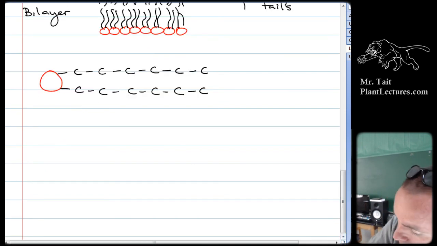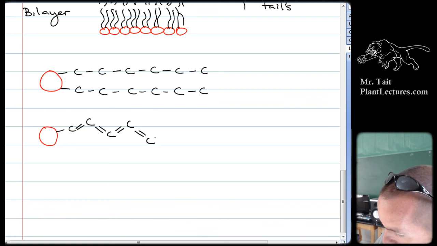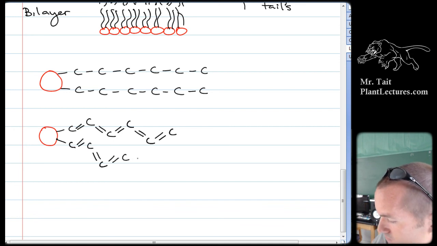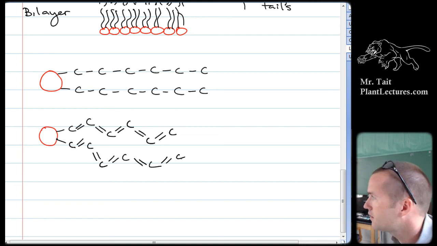This one is going to be extremely not dense. It's going to be extremely fluid, right? Because they can't pack together very tightly because it's all these carbon double bonds.